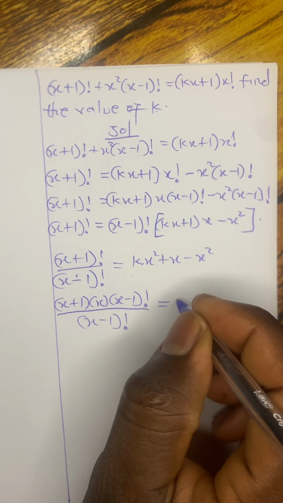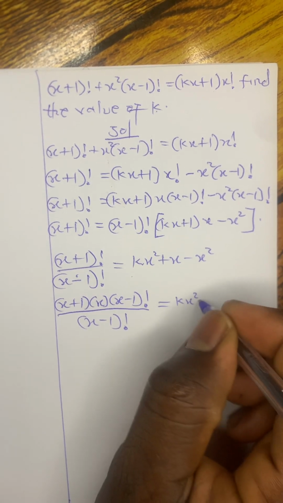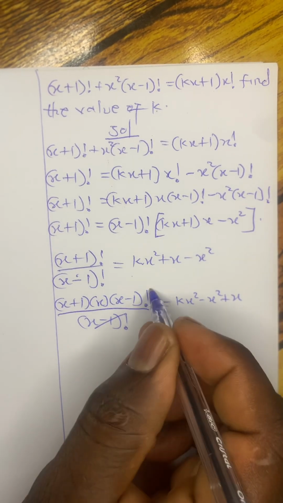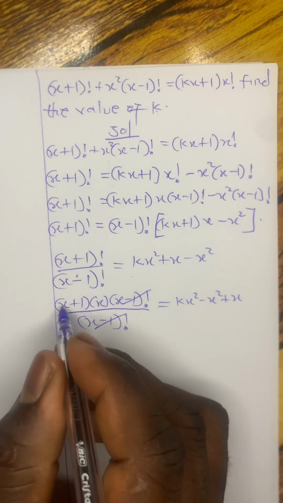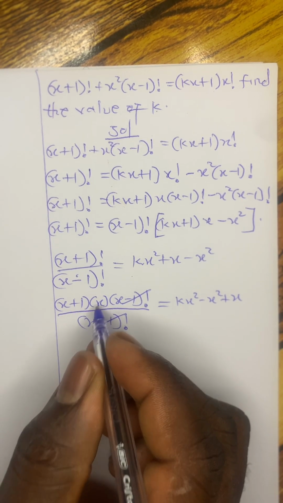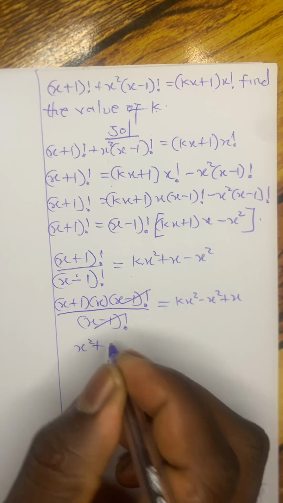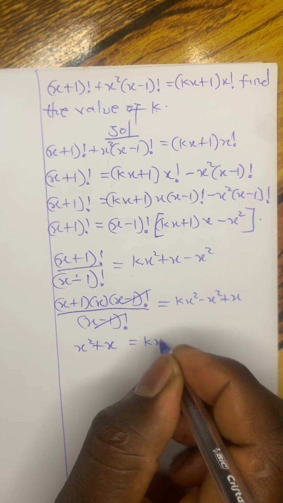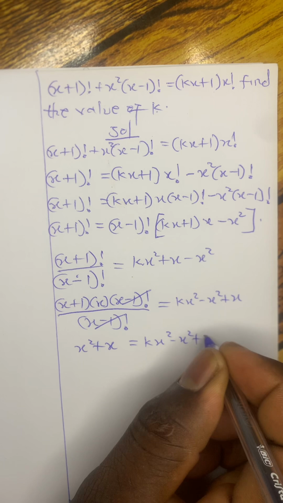So this will give me kx² minus x² plus x. This will go with this, and I'll have (x+1) multiplied by x, which will give me x² plus x equal to kx² minus x² plus x.